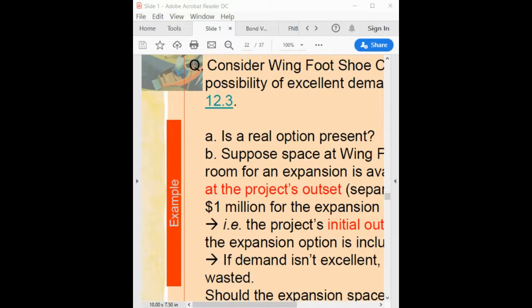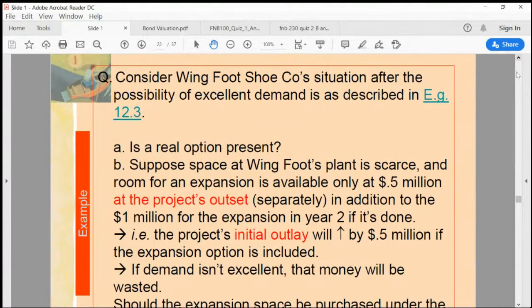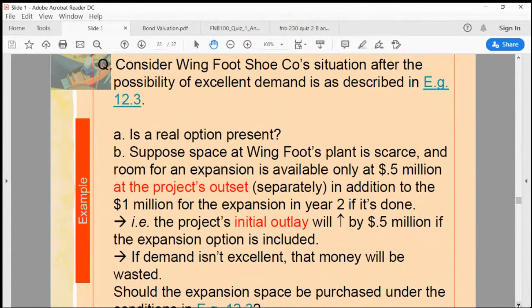So in our last class, we basically stopped here at example 12.3. Let me just quickly recap what this problem was about.